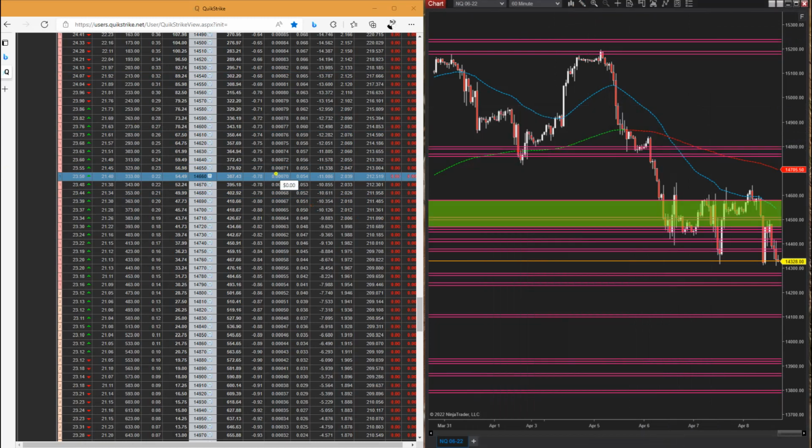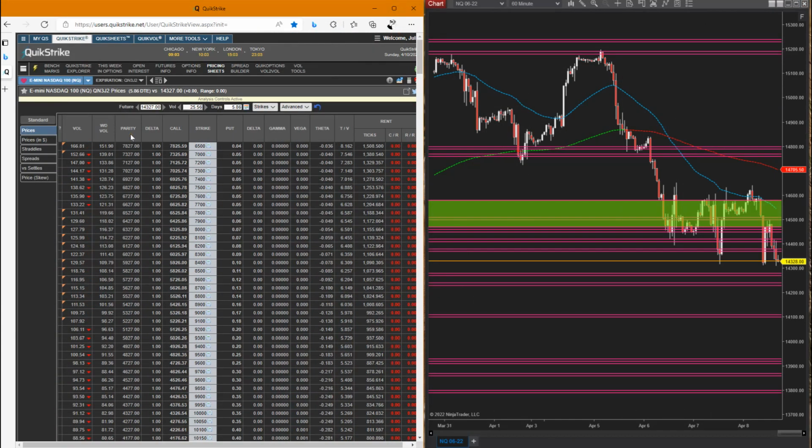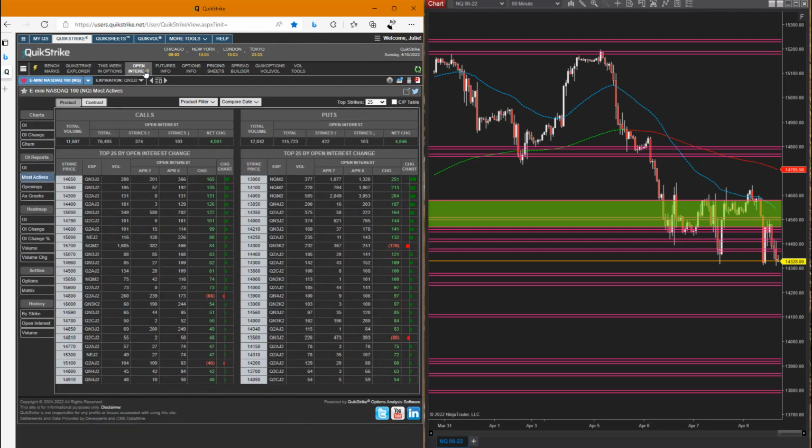All right, so my chart is done. The last thing I want to look at is just take a look at the open interest and the volume for the puts. And I'll look at the volume on the heat map.